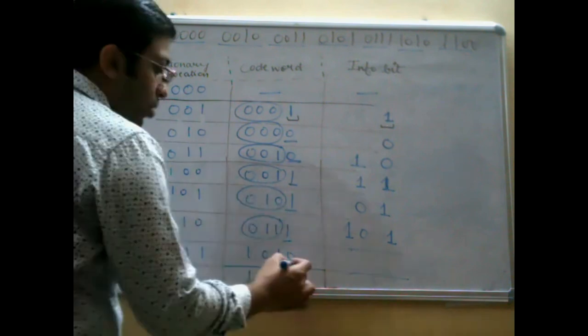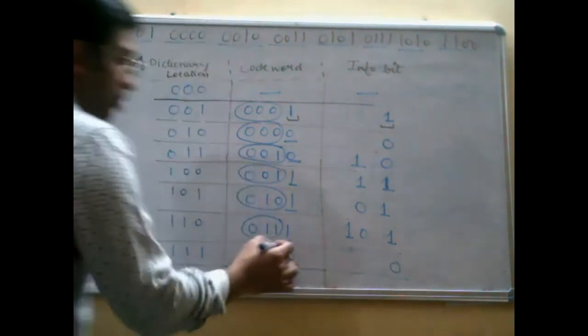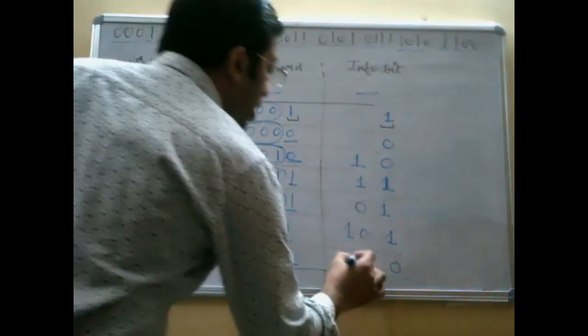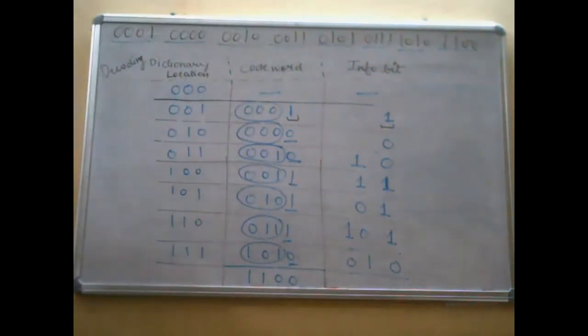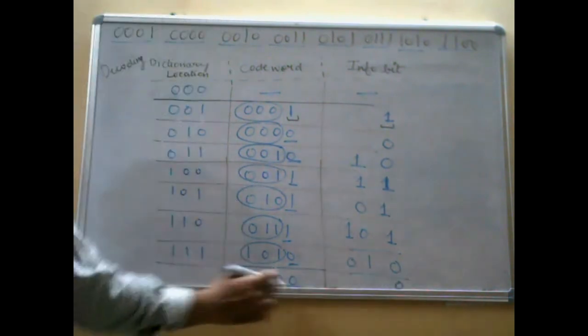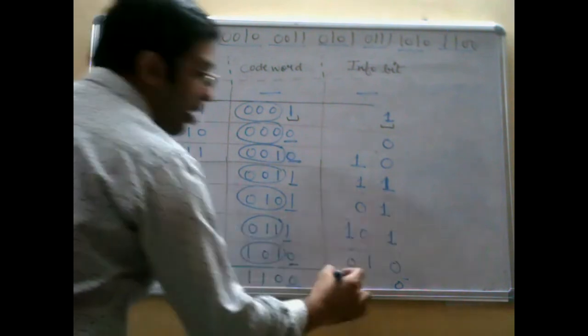You have to write the entire value. This will be 0 for 101. For 101 it is 01. So the answer is 010. Okay. Last, you have the 0 at the last. For 110, you have 101.